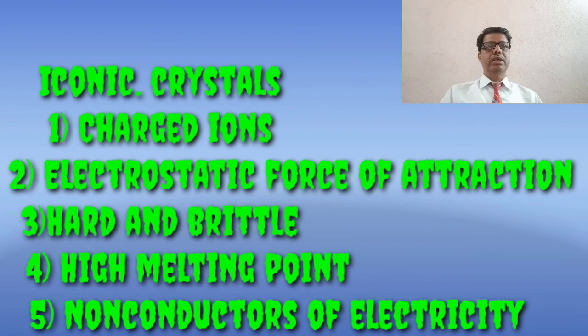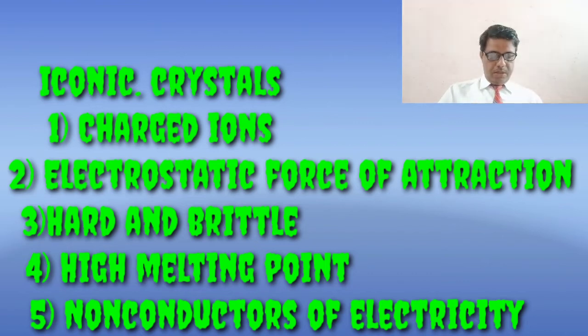This property is termed brittleness. And they have high melting points because their structure has a definite shape due to a long range arrangement of their constituent particles, particularly ions, and so they have a high melting point.